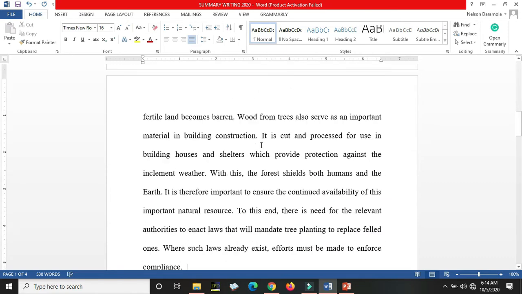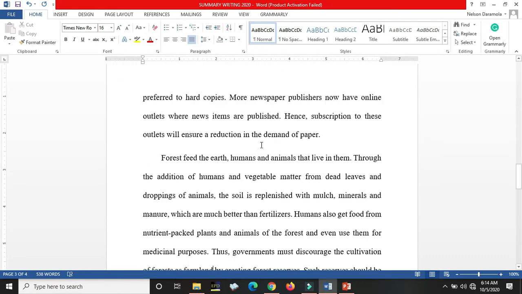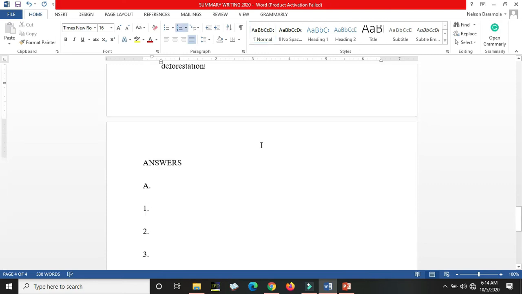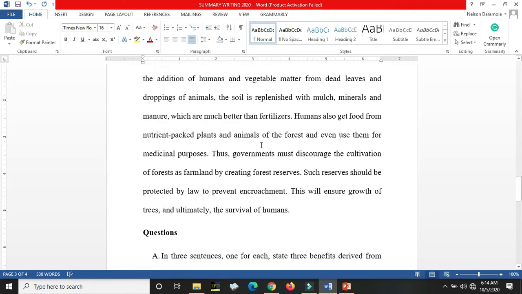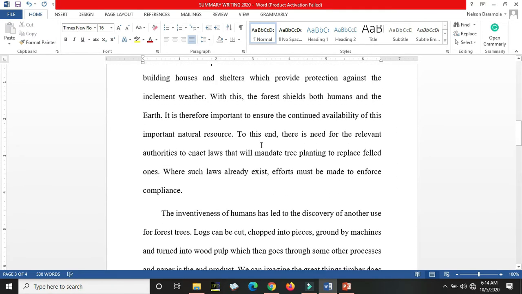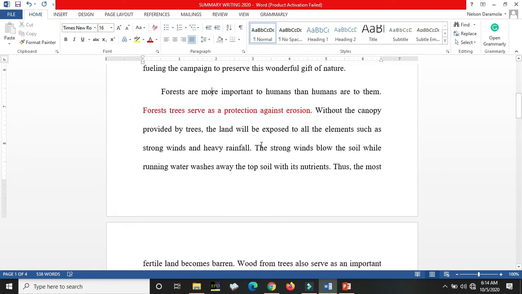The question says, let's see A again. The first question says, in 3 sentences, one for each, state 3 benefits derived from forests. Okay, now this answers that, but I cannot write it this way. That I will lift mindlessly, and thus I will be awarded 0.